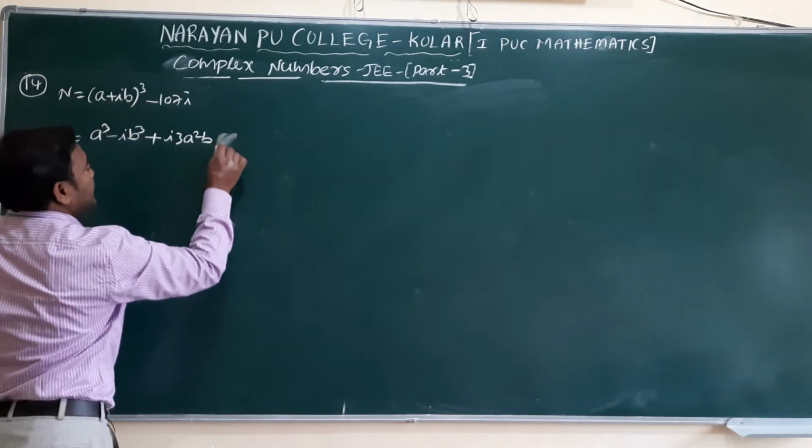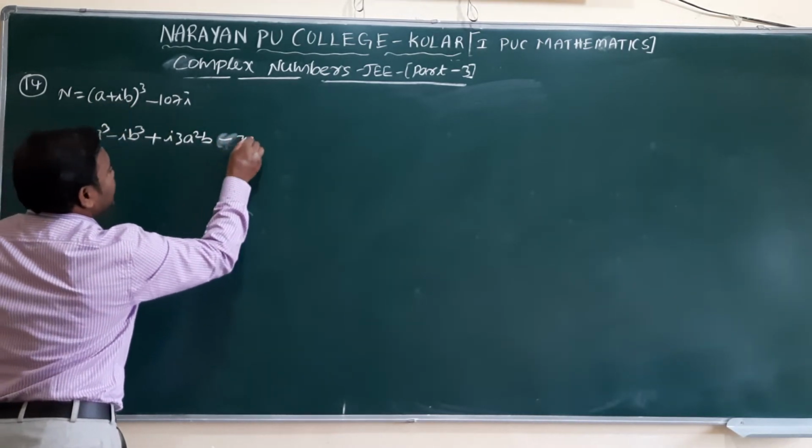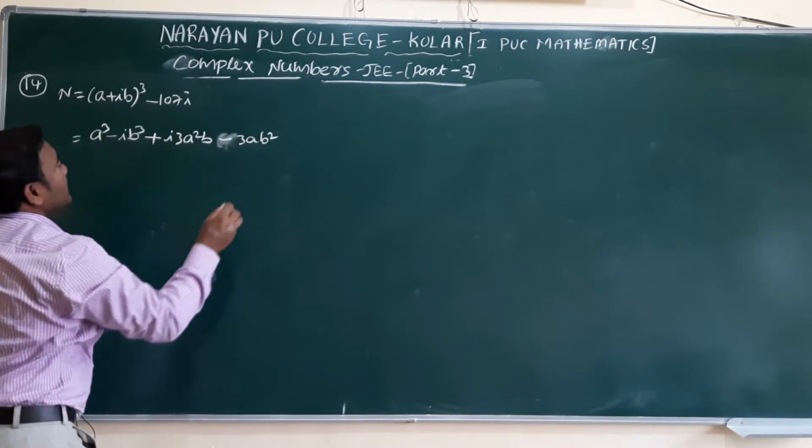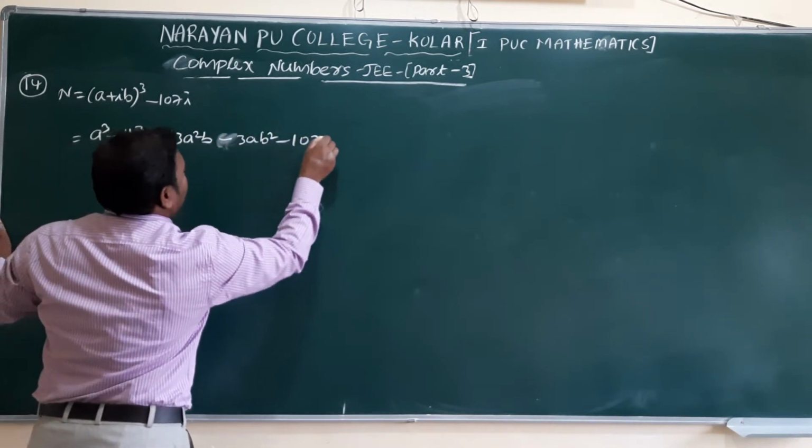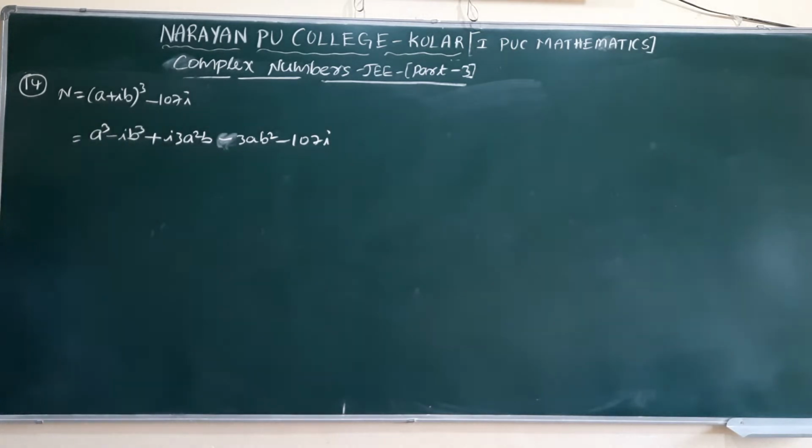So here we are getting plus into minus, minus 3ab square, minus 107 into i.